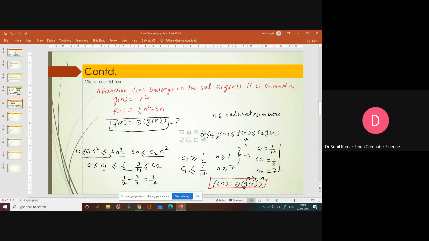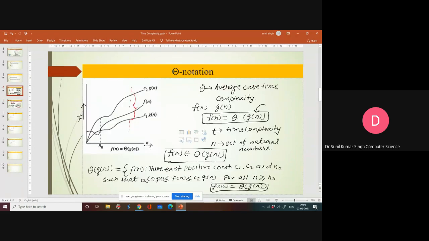So this is all about theta notation, and of course it represents the average case time complexity.